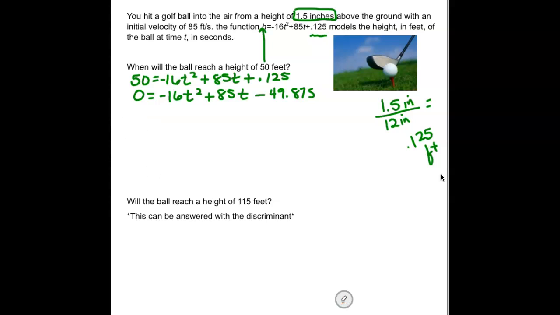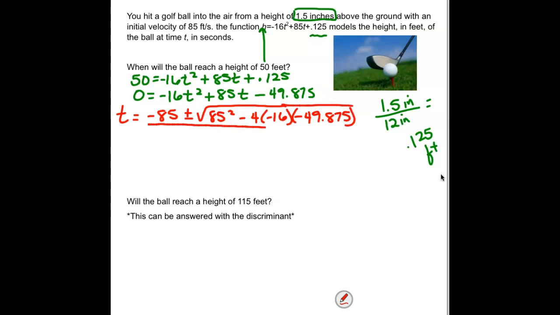I'll use a t for time instead of x. So t equals the opposite of b plus or minus the square root of b squared minus 4 times our a value times our c value and then we're going to divide the whole thing by negative 16. All right, I'd like you guys to pause the video for a minute and grab your calculators, try to get your two answers for this.